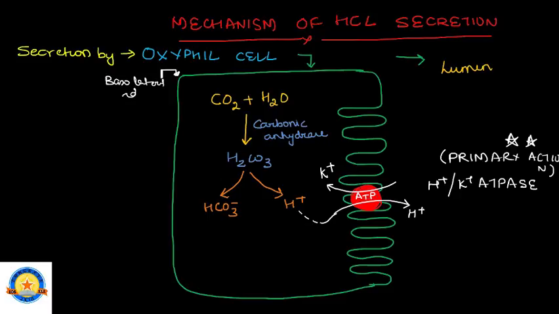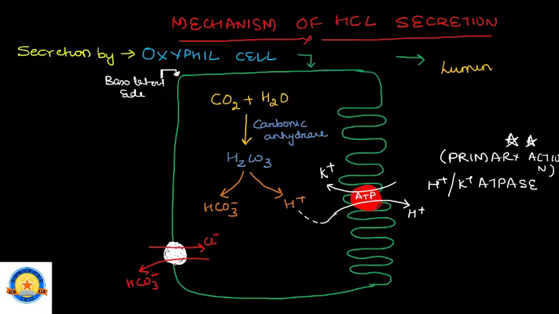Now over here, there is another pump on the basolateral membrane. The function of that pump is that it will pump in one chloride and remove one HCO3 negative.